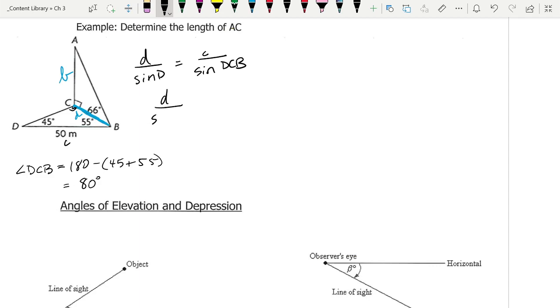D over the sine of 45 is equal to 50 over the sine of 80. Doing my algebra step, this crosses and multiplies. I'll save you watching me punch buttons again, since this is exactly the same as the last button punch sequence. I got a number. It is 41.6.